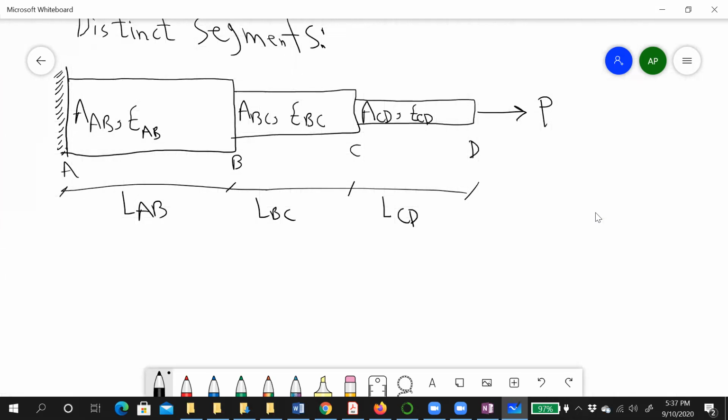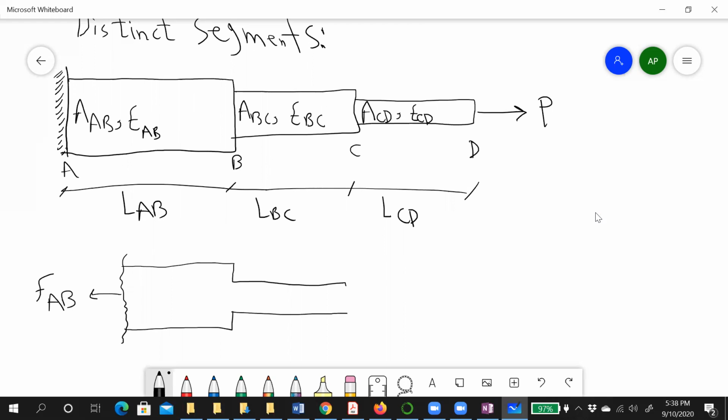Let's make a section somewhere, the same as in statics. This is FAB.